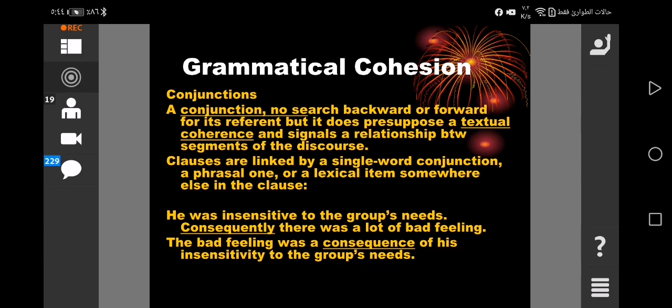A consequence, this is at the nominal level. This is a lexical item. A consequence of his insensitivity to the group's needs. In fact, this is a better statement academically. The writer could have written it differently.